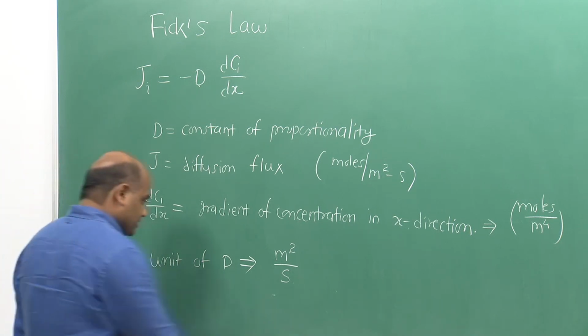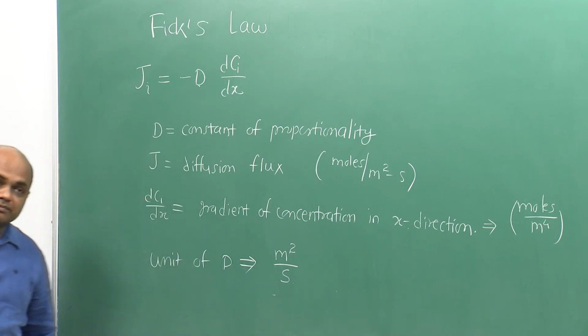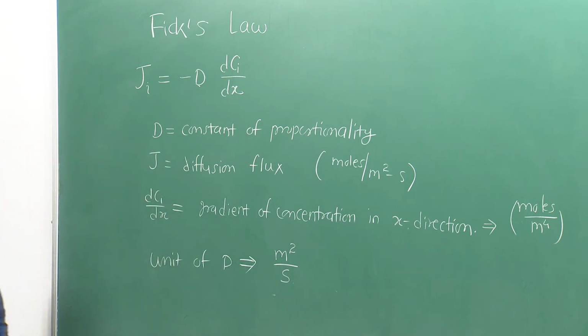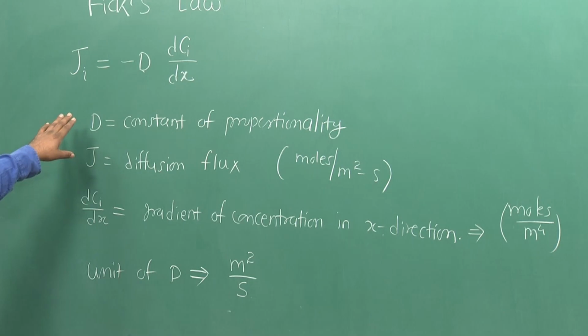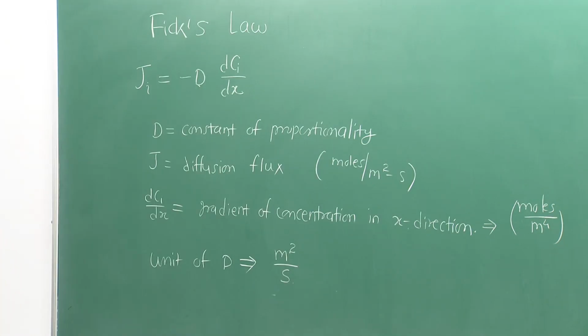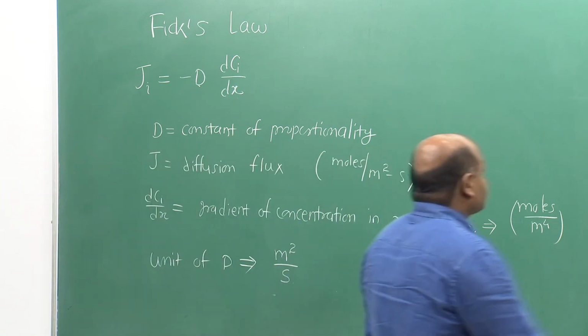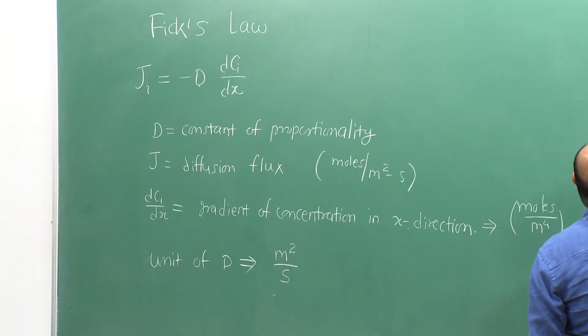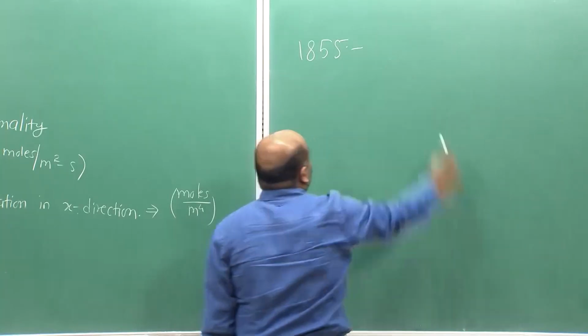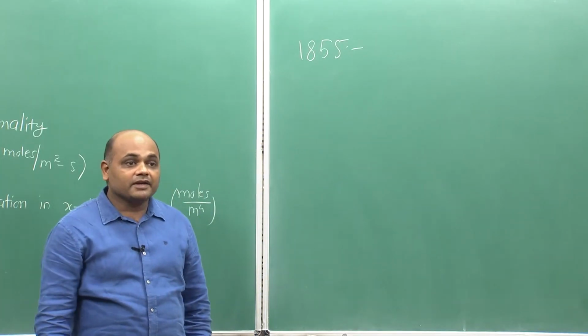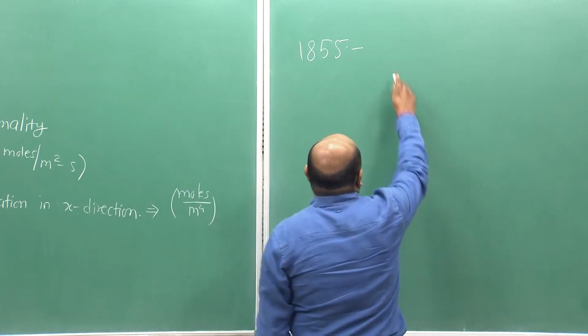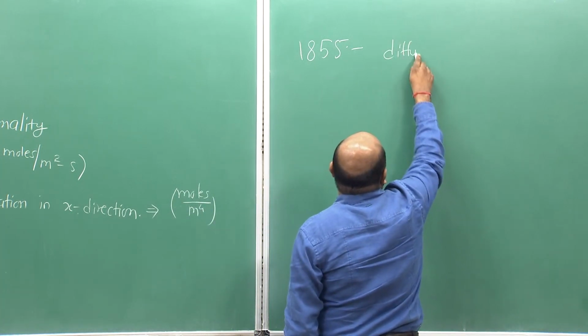Now, what does this mean? What is the physical significance of this D? We will see it later, but right now it is sufficient to know that this is a phenomenological expression which was proposed by Fick back in 1855, and it was proposed basically for diffusion in liquids.